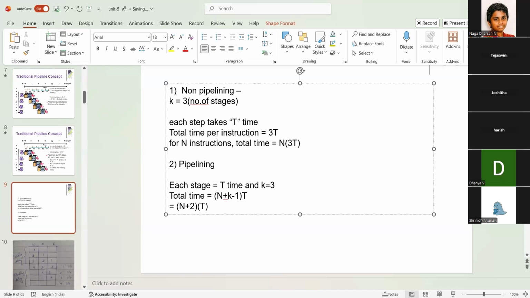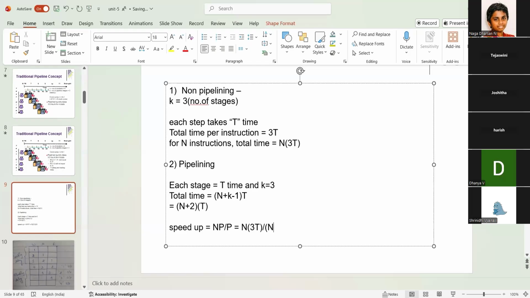So what do we do for speed up? Essentially, we take the ratio of non-pipelining divided by the pipelining condition. So it is 3nt divided by (n plus 2) into t.